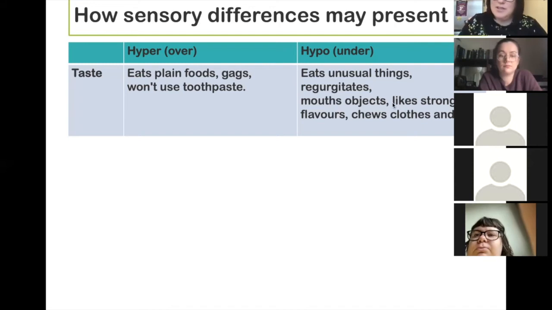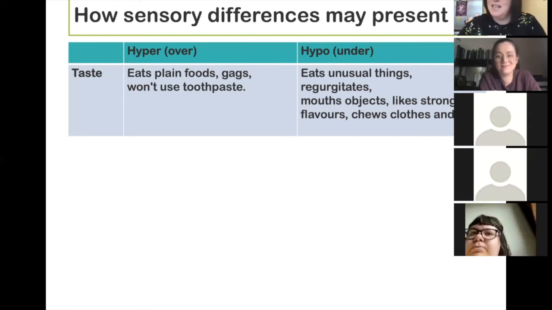By contrast, someone who's undersensitive for taste, they're going to be eating all sorts of things that have got a strong flavour potentially. They might like the spicy foods, the curries. I used to work with someone who would put so much pepper and condiments on their food. They did like to experiment with lots of different flavours.